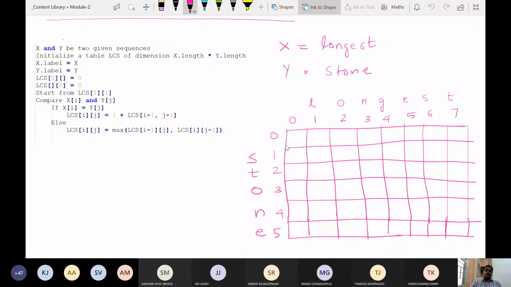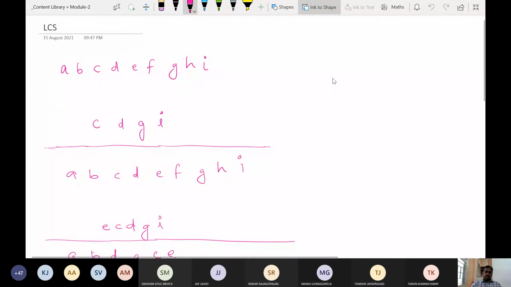So what is to be done: I am taking the same two sequences, and before that, I should introduce some more examples. My question is, what is the longest common subsequence in these two? You can try. CDGI. Yeah, C, D, G, I, the order is maintained. So CDGI is the longest common subsequence.